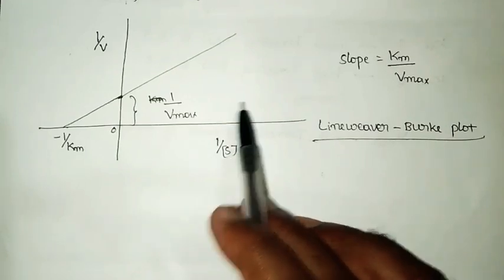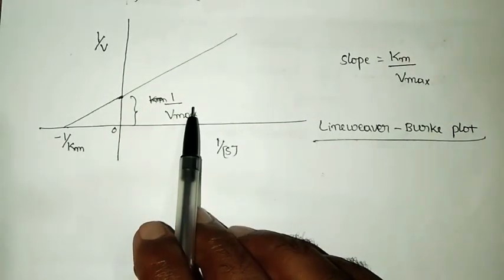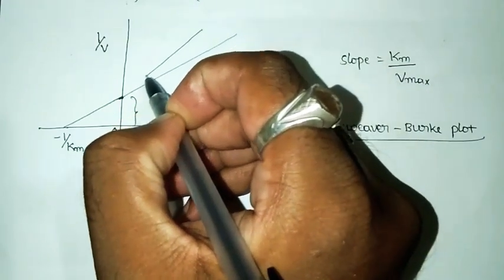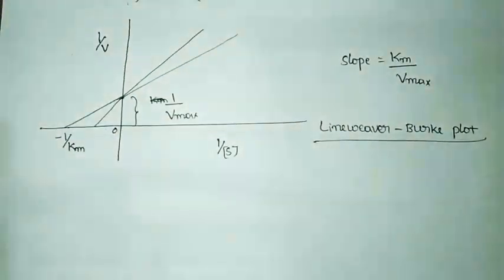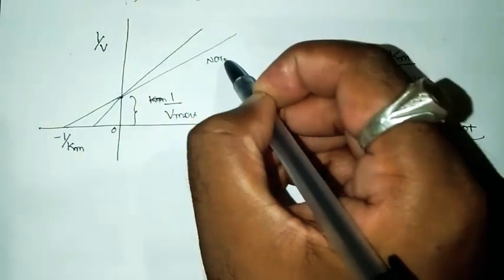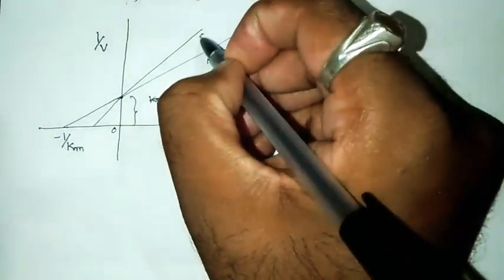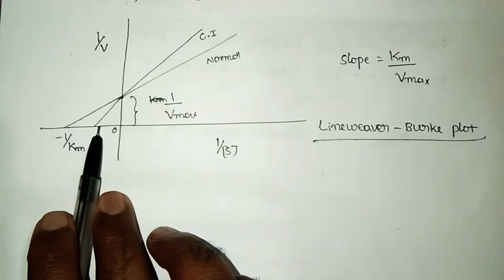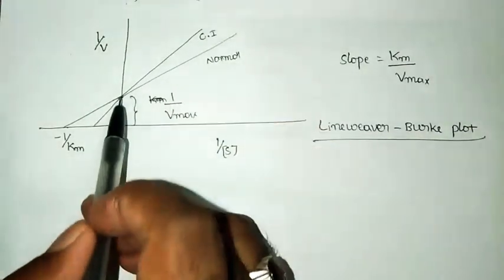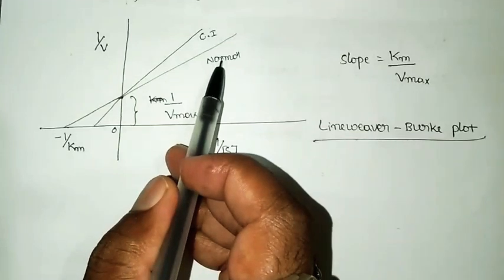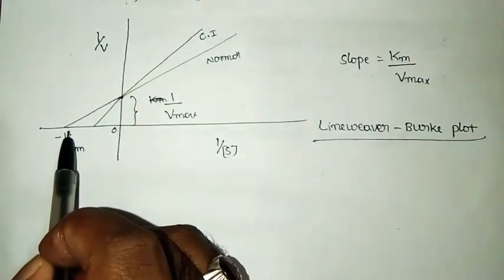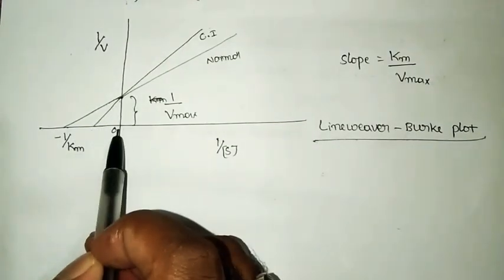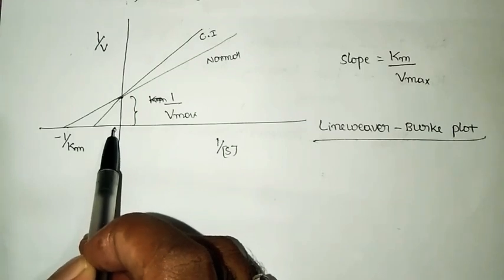For example, if the inhibitor is a competitive inhibitor, the curve will be obtained like this. So this is for normal condition and this is for the competitive inhibitor. You can observe the curve is almost passing through the same point as the normal, but the intersection of this curve at the negative x-axis is much closer to the origin, that is to 0.